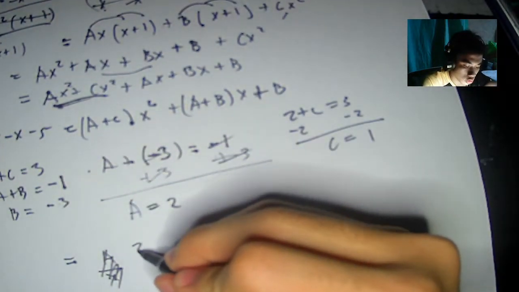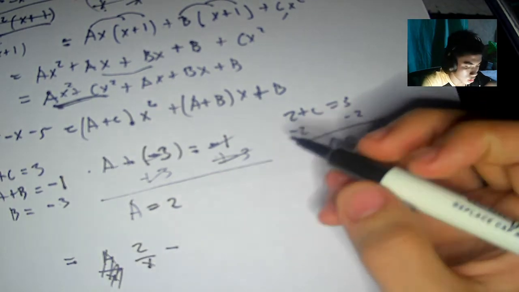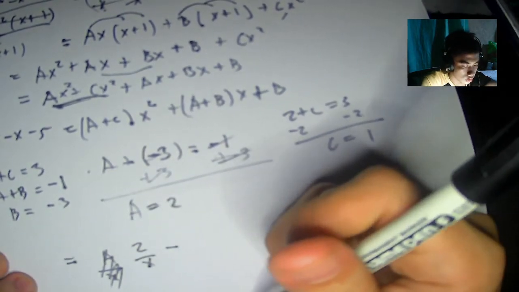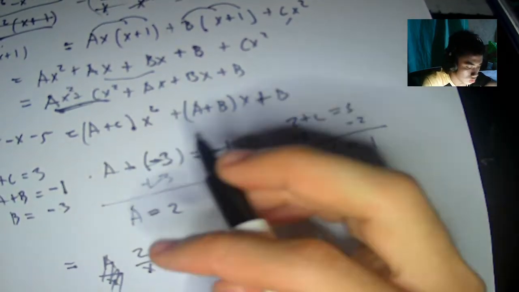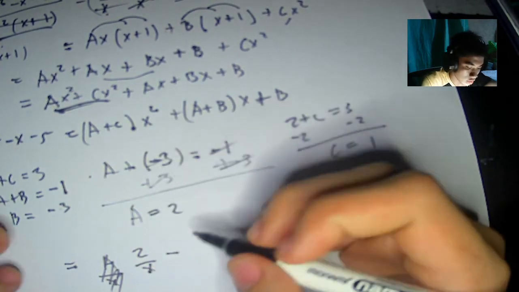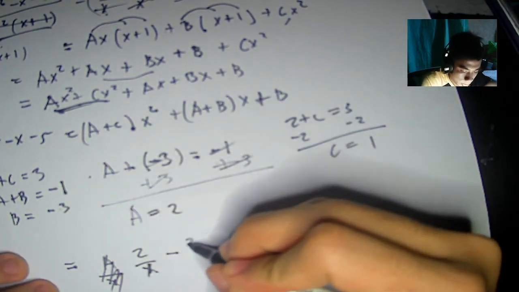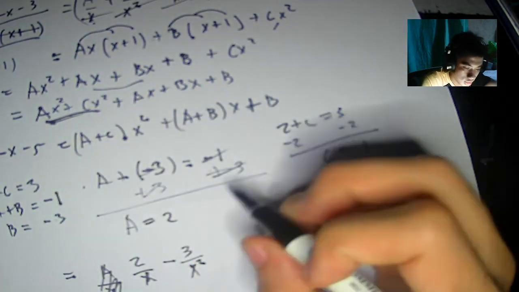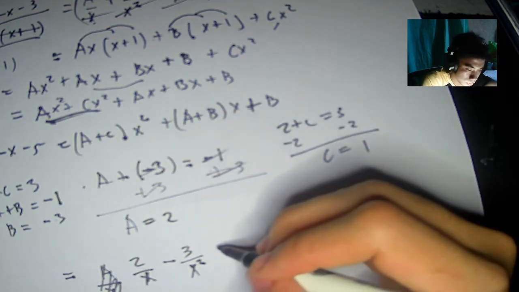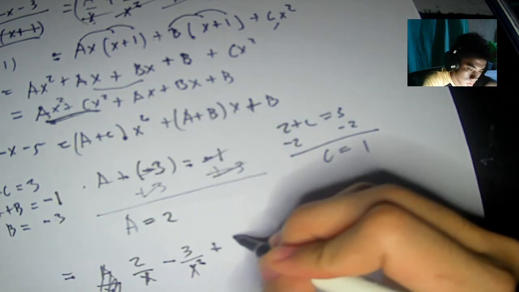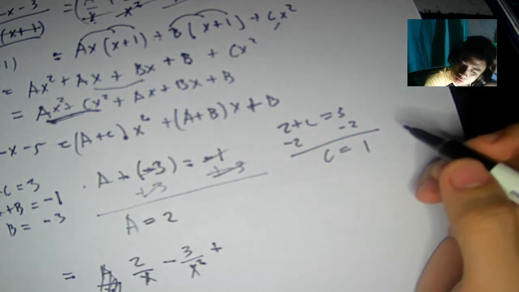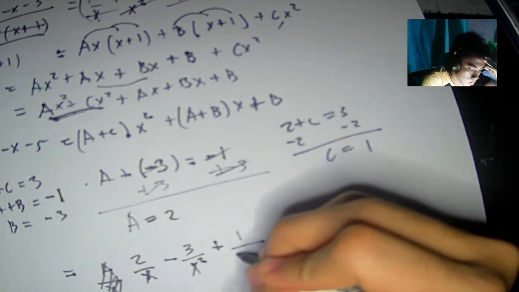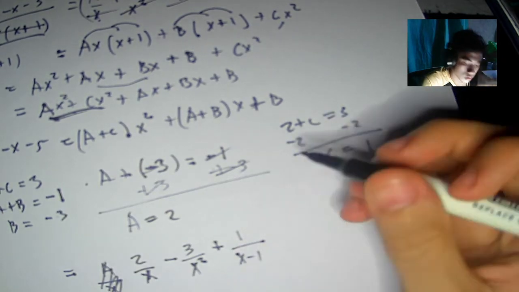We already have the a value, so 2 over x minus 1, minus 3 over x squared, plus c, which is 1 over x minus 1. So that is our answer.